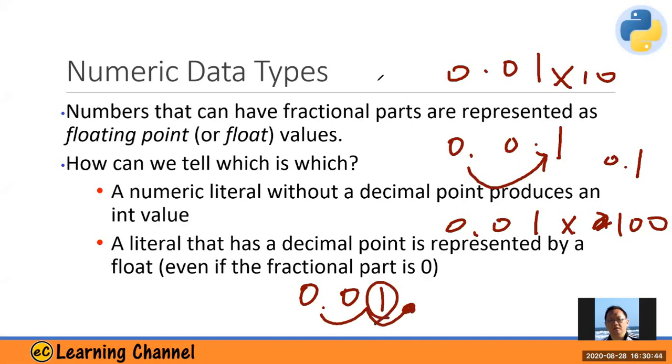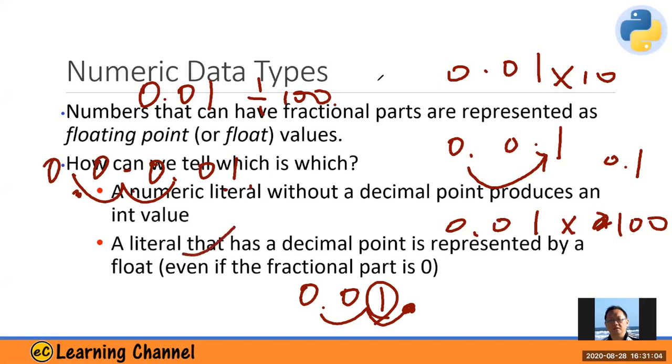Is that okay so far? Same thing, if 0.01 divided by 100, the decimal point moves to the left 2 digits, so it becomes 0.0001. So every time you multiply, the decimal point moves. That is floating point. Is that okay?